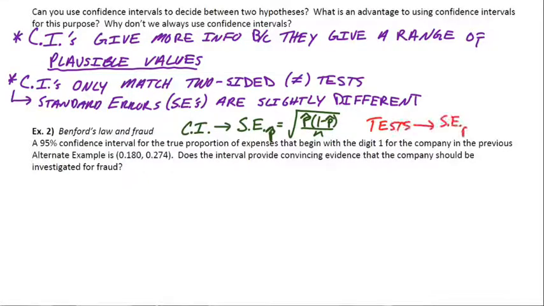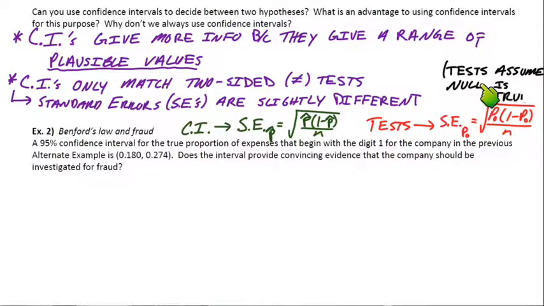For hypothesis tests, they start out by assuming that the null hypothesis is true. That's kind of important. So a hypothesis test starts out by assuming the null is true, so it uses the p from the null hypothesis, aka p naught. So there is just a little bit of difference when it comes to the standard error parts.